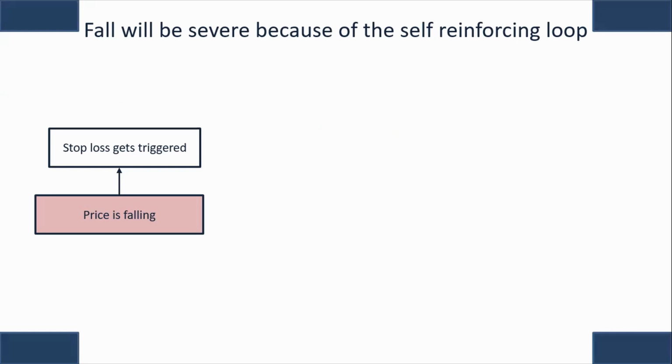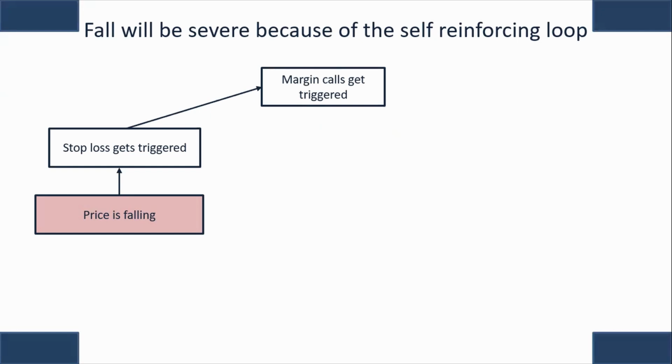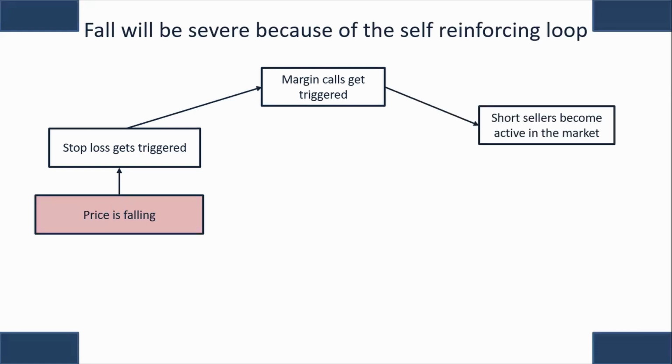It will be vicious because when the market is falling, a self-reinforcing loop will get created. Price is falling, so stop losses will get triggered for many people, means they have to sell. Then margin calls will also get triggered, which means they will have to either deposit the money or the position will be squared off, more selling.